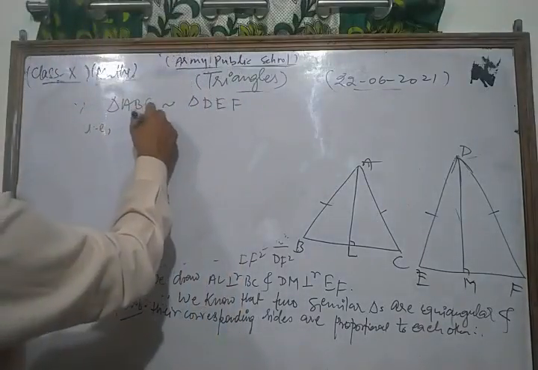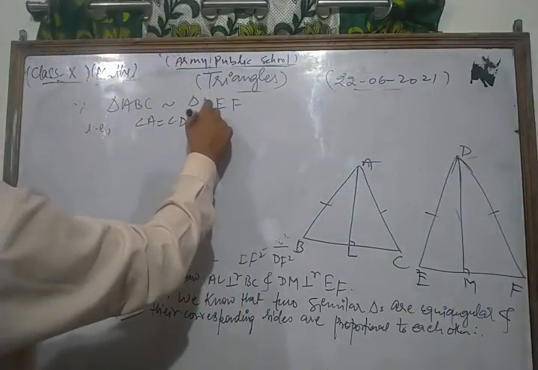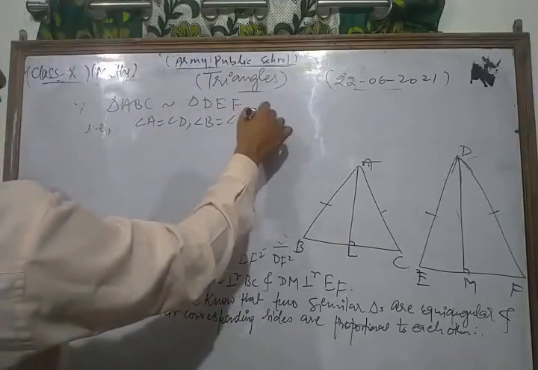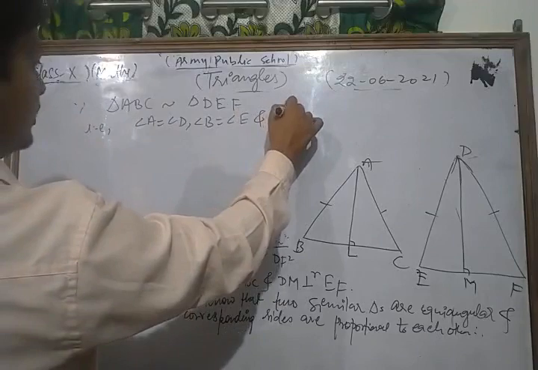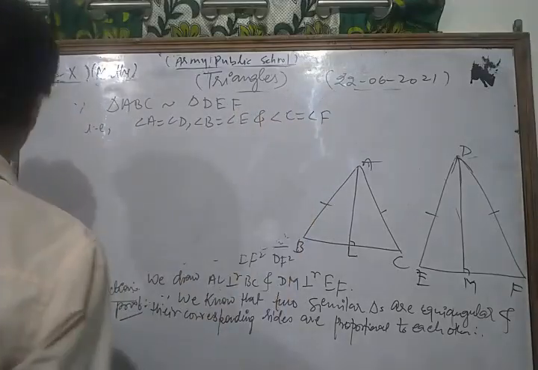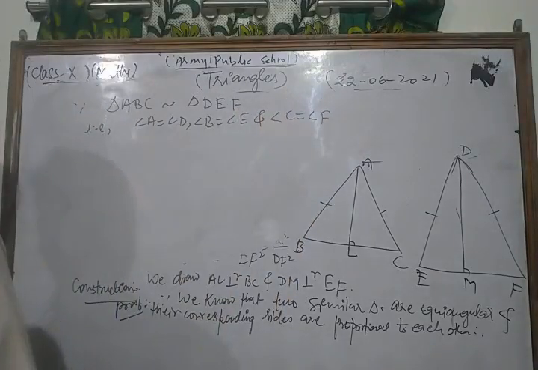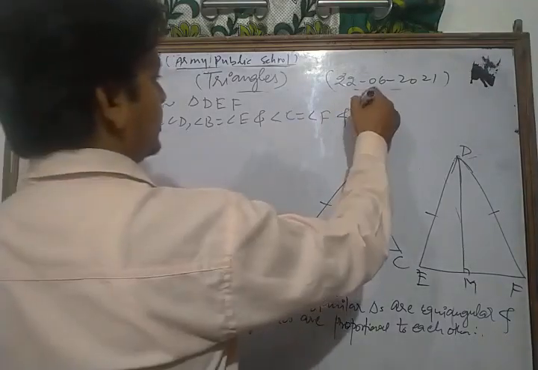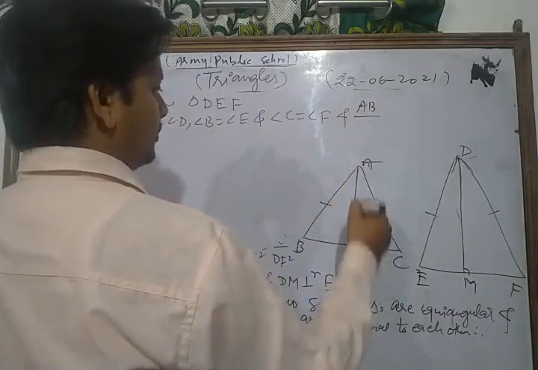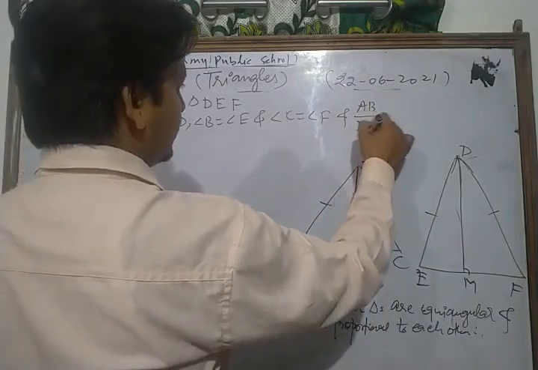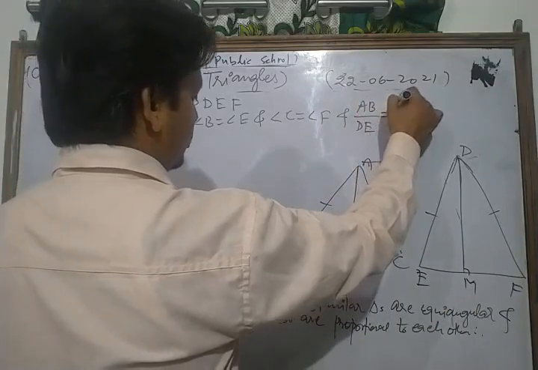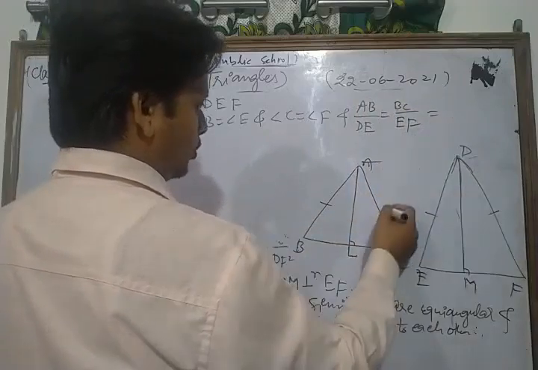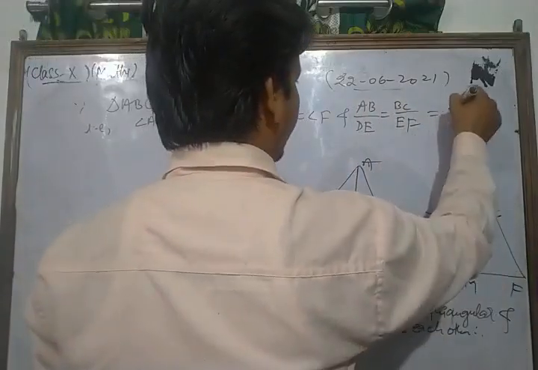That is, angle A is equal to angle D, angle B is equal to angle E, and angle C is equal to angle F. And their corresponding sides are also proportional, means AB upon DE is equal to BC upon EF is equal to AC upon DF.